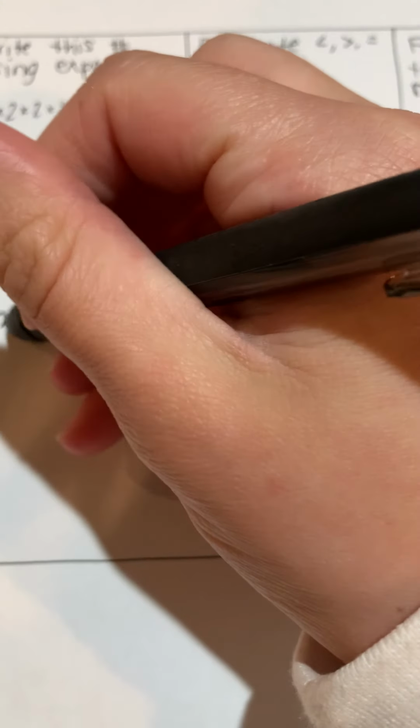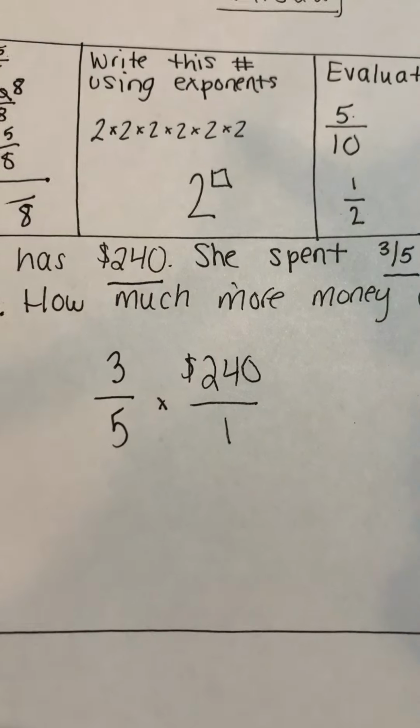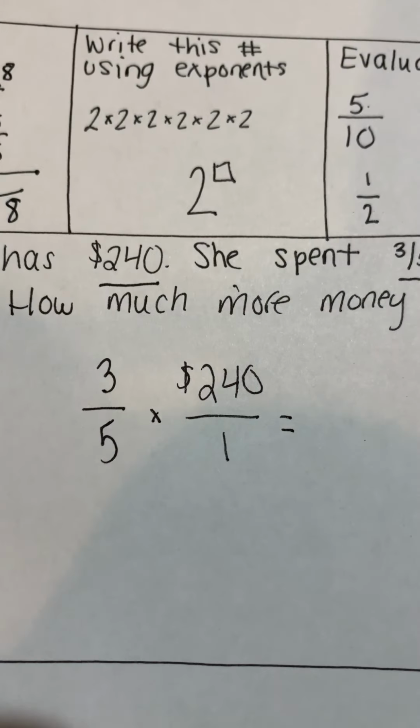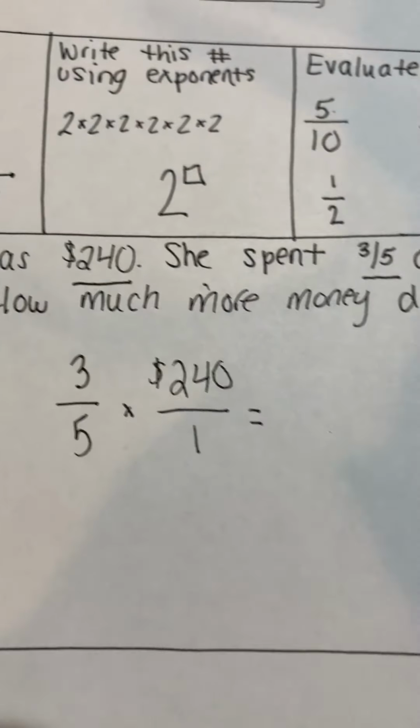We know she spent 3/5 of her $240. In order to find 3/5 of it, we multiply. We multiply across 3 times 240.